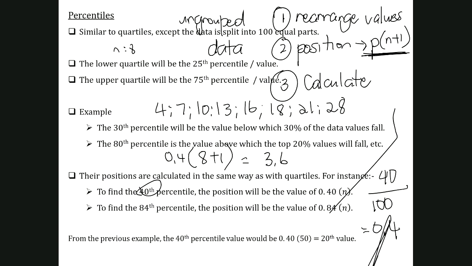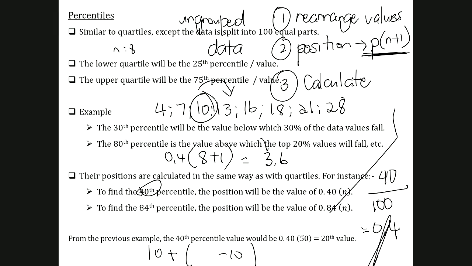What this is then saying to you, and you'll see it's very similar to your quartiles, is take the third value. The number 3 indicates take the third value in the data set, which here is the number 10. So 10 plus, you work out the difference between the number 10 and the number after it, which is the number 13.